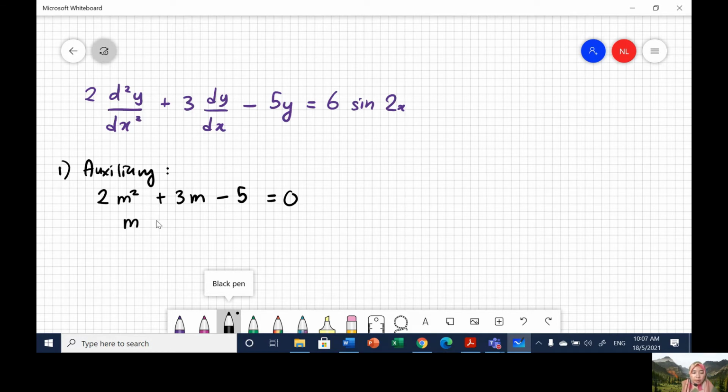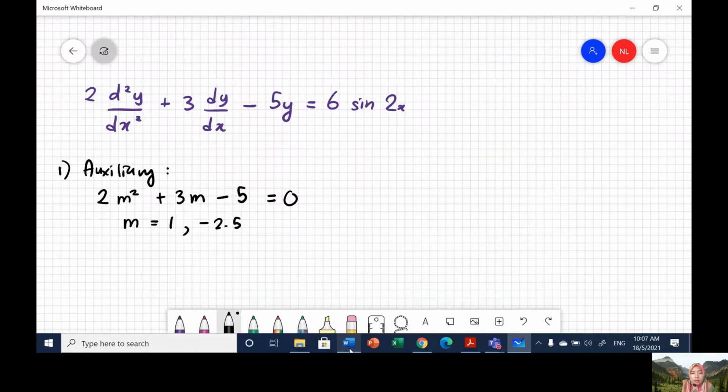So the roots for m are 1 and negative 2.5. So these roots are real numbers and different. Real and different.